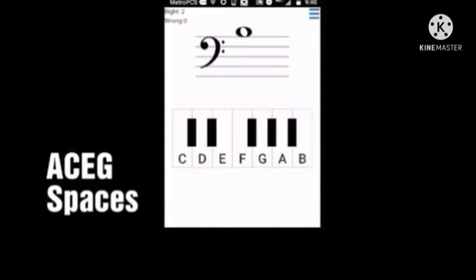So you have bag F. The way I think of it is bag F, F-E-D-C, and that would put me in the second space. Just all kinds of things. Just notice patterns. Take every kind of advantage you can. Okay, B.